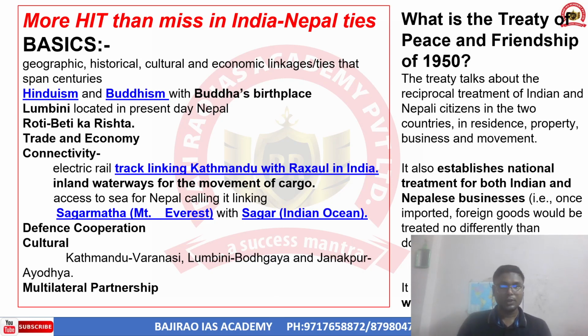First one is Kathmandu and Varanasi. Second, Lumbini and Bodh Gaya. Third, Janakpur and Ayodhya. See, guys, these are totally related to our cultural interrelations. So we are creating the twin sister cities. And also we have multilateral partnership, because you all know India and Nepal are members of many multilateral groupings like SAARC, BIMSTEC, and like that.